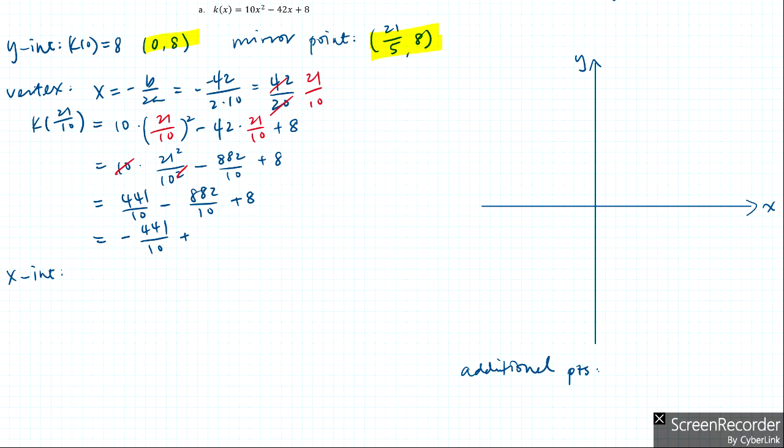In order to get it over 10, we can multiply 8 by 10 over 10, so that gives us 80 over 10. All together, we are going to have negative 361 over 10, if I did the math correctly. And once we have this result, we got the vertex, which is a very messy number.